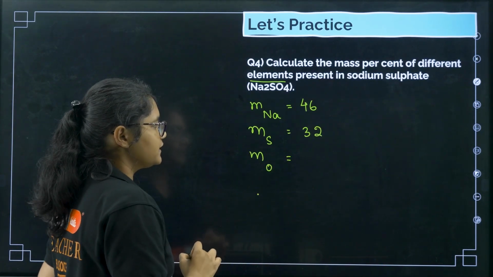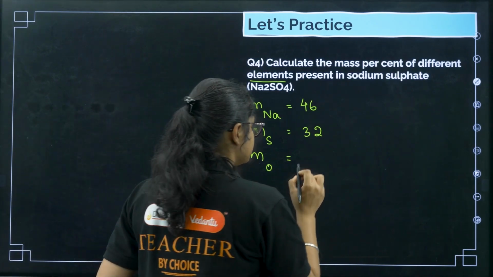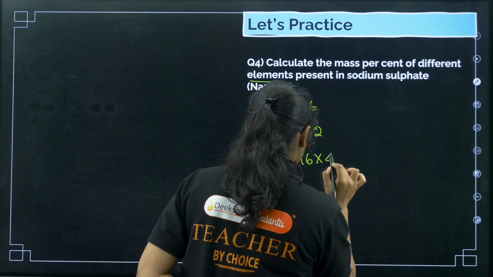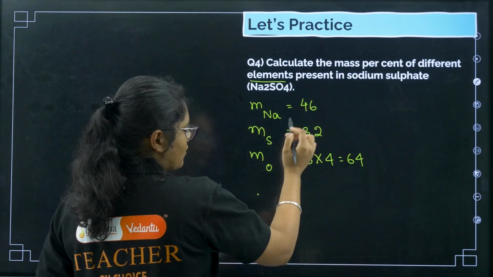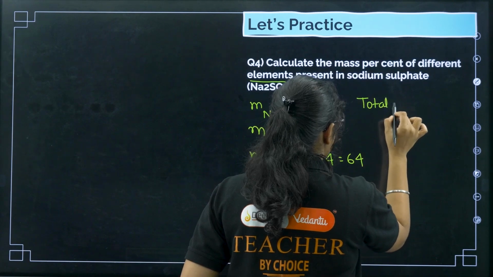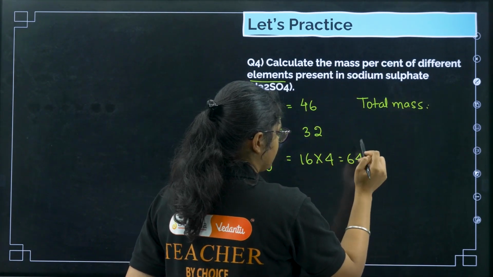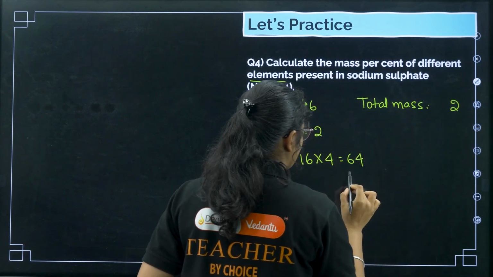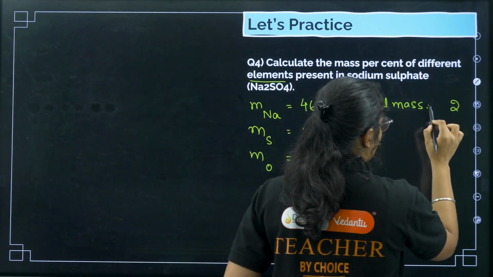Each oxygen is 16, 4 oxygens are there, so it will be 16 into 4, and that is equal to 64. So now if I add all these, how much will I get? Total mass is what? 6, 7, 8, 8 plus 4 is 12, so I carry 1 here, then 6 plus 1 is 7, plus 3 is 10, 10 plus 4 is 14.